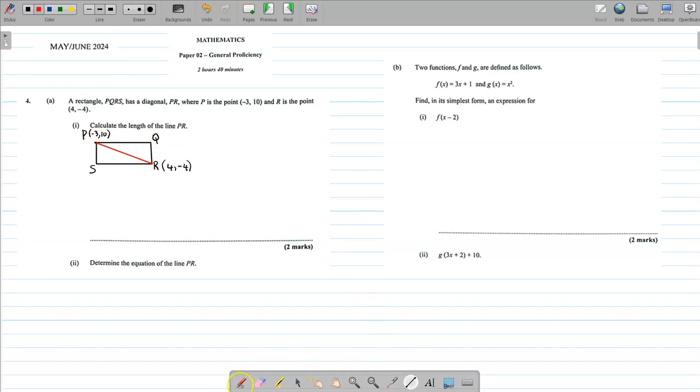So there are two approaches to this. You could use Pythagoras' theorem and find the hypotenuse, or you could just use the length of the line formula.